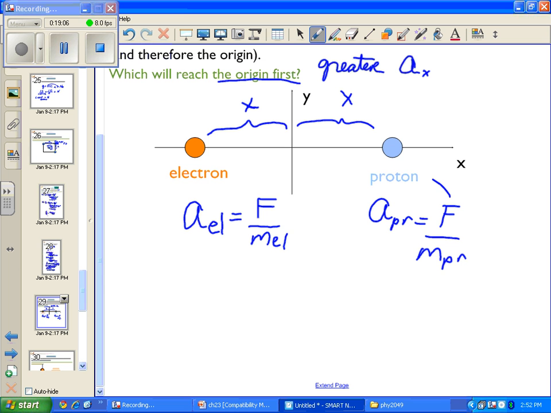Now, if the forces are the same, the only difference in the accelerations can come from the masses. And so because these are inversely proportional, we can say the smaller the mass, the greater the acceleration. And so therefore it will be the electron, which is nearly 2,000 times lighter than the proton, which will get to the origin first.